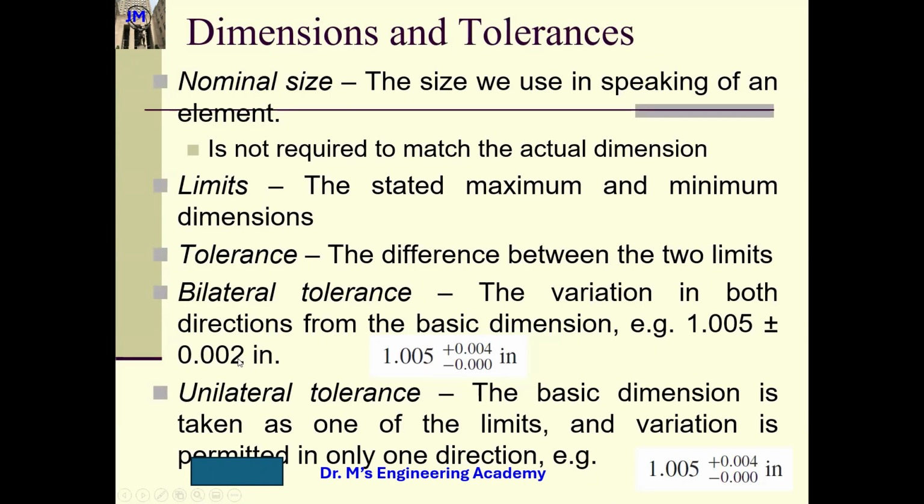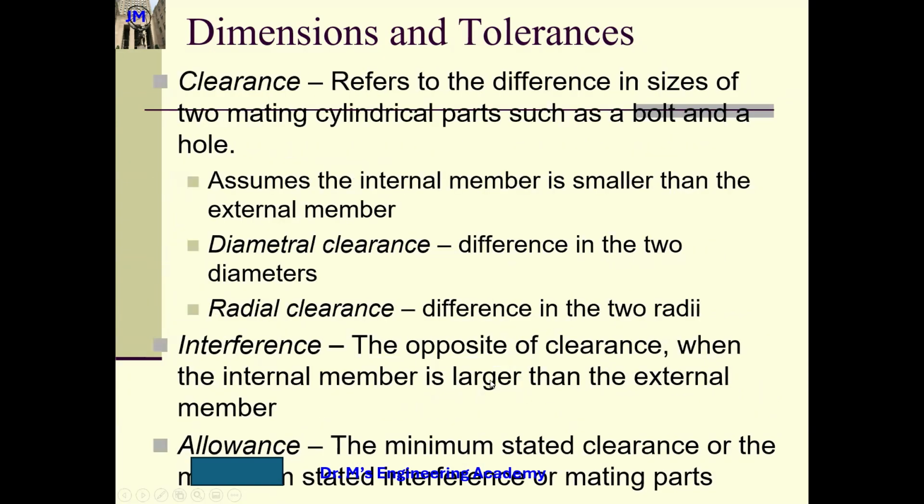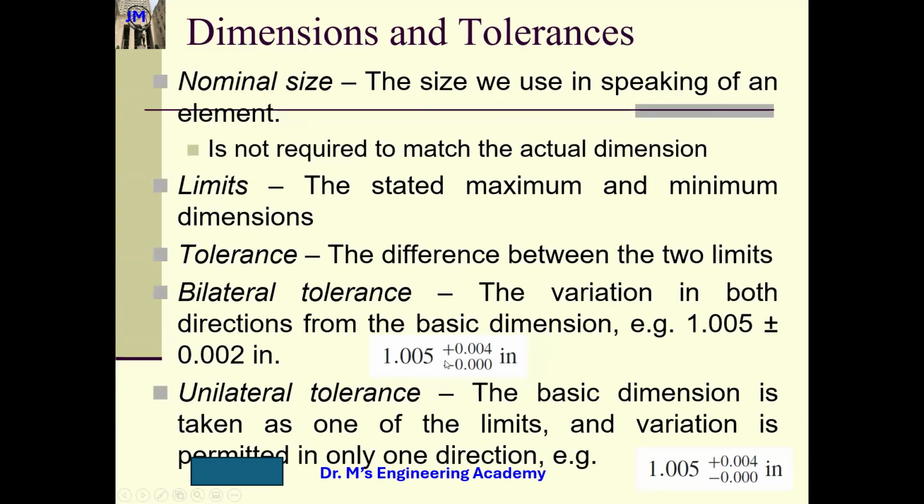This one is a bilateral tolerance. Unilateral tolerance means that in one direction I have 0, but in the other direction I have some number. For example, this one. I'm sorry, I copied this image twice. Actually, this is a unilateral tolerance.